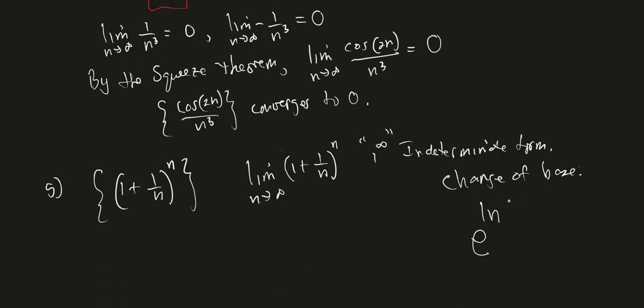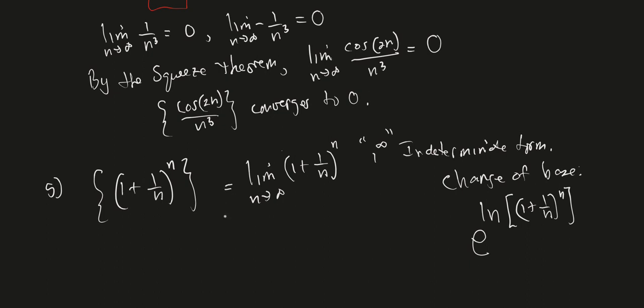So if I have e to the ln of the quantity 1 plus 1 over n to the n, then it's exactly the same as what I have here, because the e and the ln are inverse functions, right? And then I can use my property of logs and bring that n down, right?